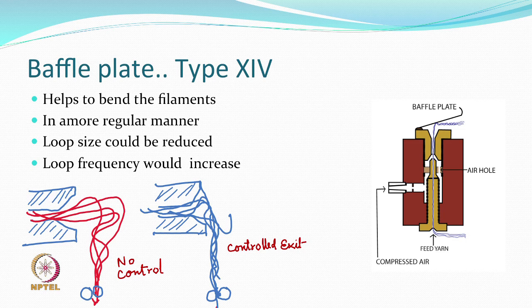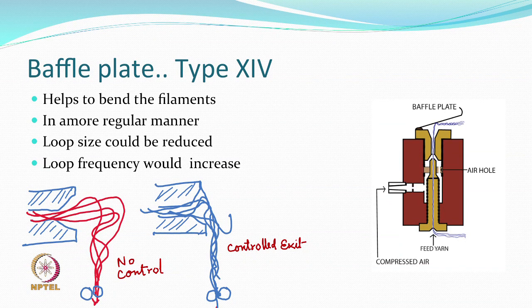So, whatever moves goes out, and then it angles. It helps to bend the filaments. Earlier the filament was first flying to whichever length and then coming back. Now, it is going to be controlled. The filaments will strike the plate and then bend. Because you have changed the direction and also now you have control, it works better.